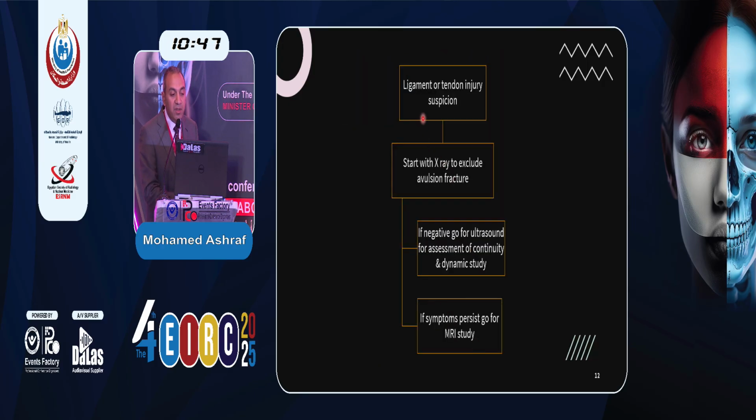If you suspect ligamentous or tendinous injury, you can start with plain X-ray to exclude an avulsion fracture. If there is no avulsion fracture, you can start with ultrasound, which is cheap and available and gives you a dynamic examination without exposure to radiation. If symptoms persist, you can go for MRI.